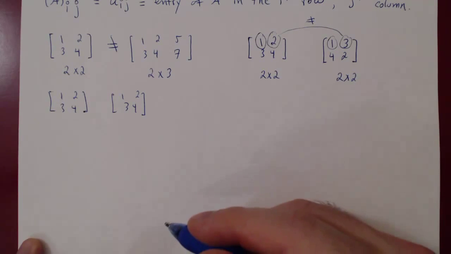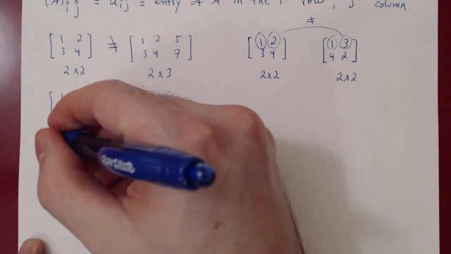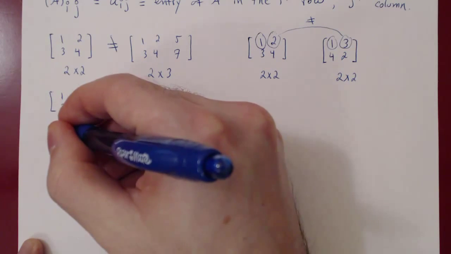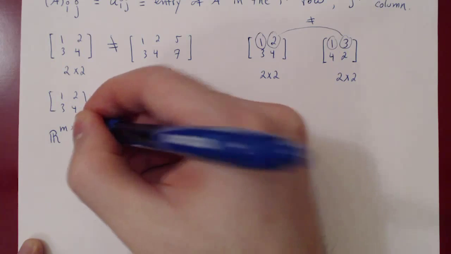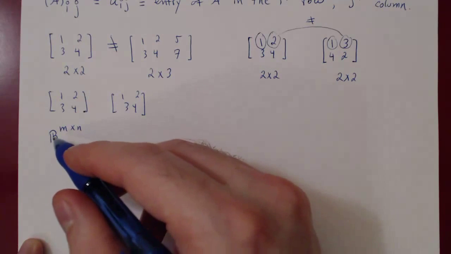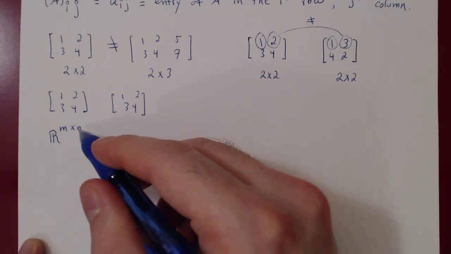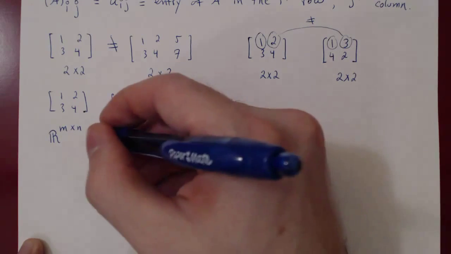And I'll give you one additional bit of notation. We write R with a superscript of m by n to denote the set of all m by n matrices with real coefficients.